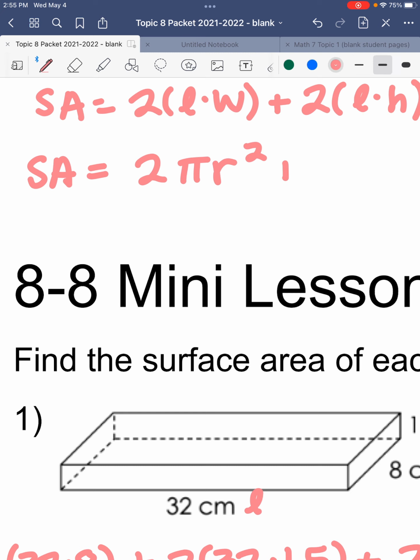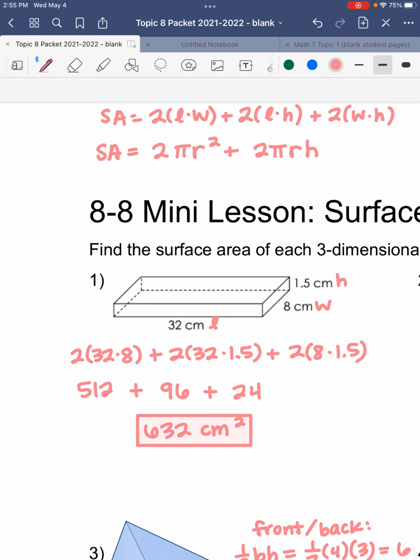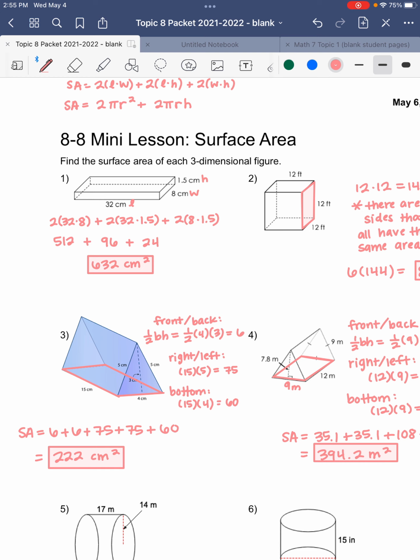Now I'm going to add to that, because I have to have the middle part taken care of, right? In between the two bases, in between those two circular bases. So 2 times pi times the radius, that's the circumference, times the height. And that's going to give me the middle part. And then I add that together and I have my total surface area.